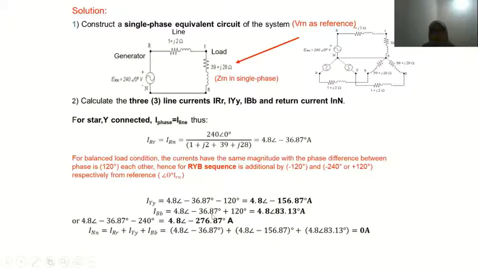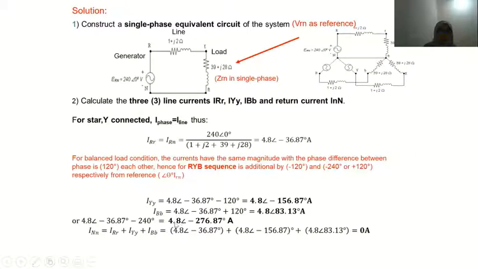So if you take IBB by an additional angle of plus 120 as referred to your IRN, you will get IBB is 4.8 with plus 83.13 degree ampere.